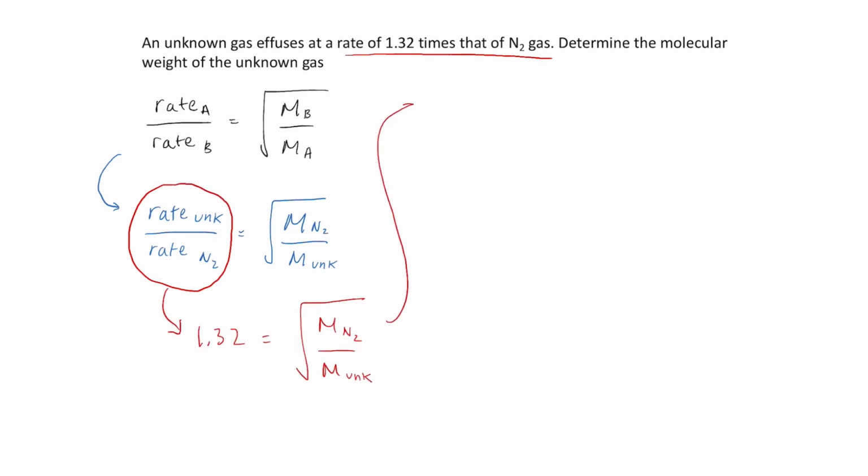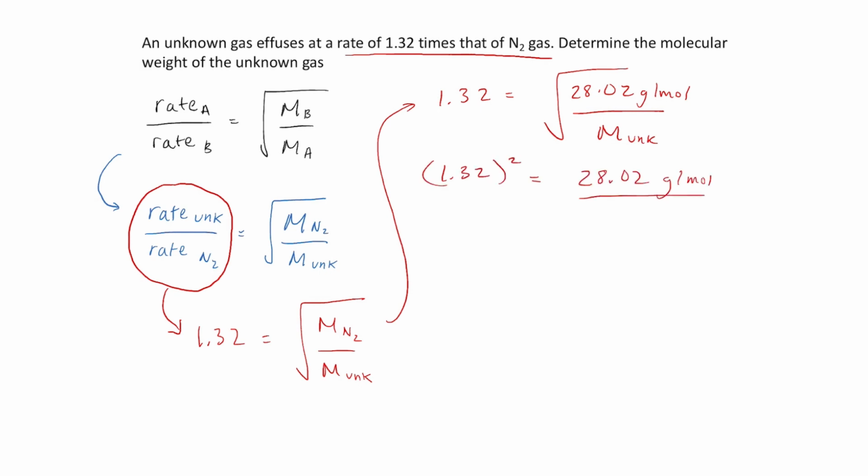And now let's look at the right side of this equation. We know the molecular weight of nitrogen gas, that's 28.02 grams per mole, and we're solving for the molecular weight of the unknown gas. So now all we need to do is rearrange this equation so that we can isolate for the molecular weight of the unknown gas.